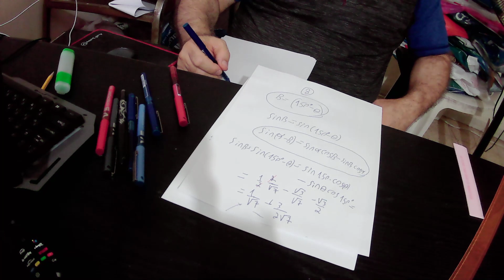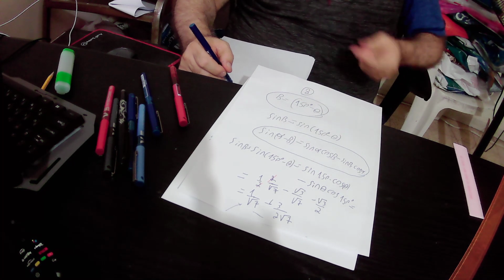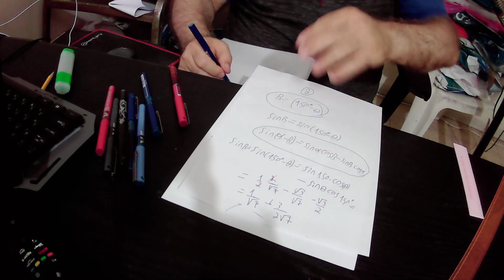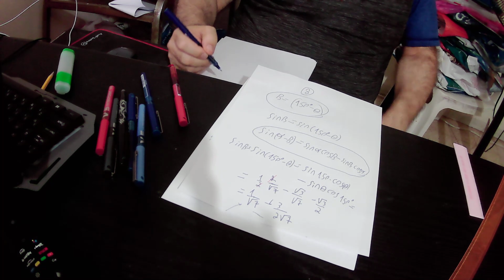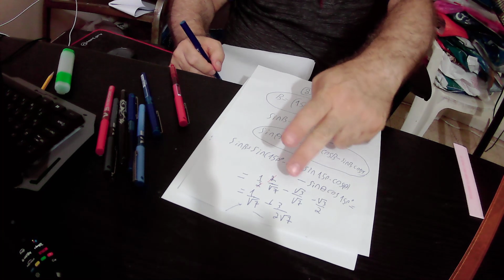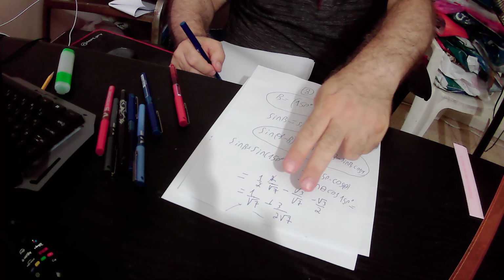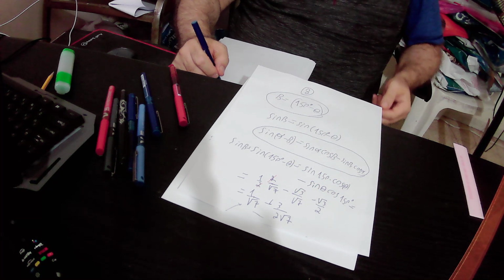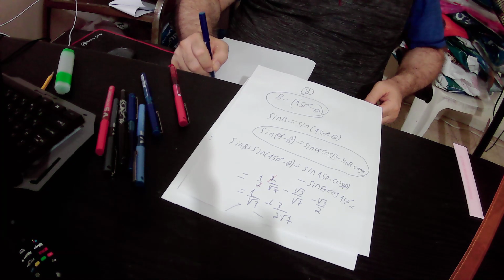We can take a common factor of 1 over root 7 from this equality, and we will get 1 over root 7 times 1 plus 3 over 2.